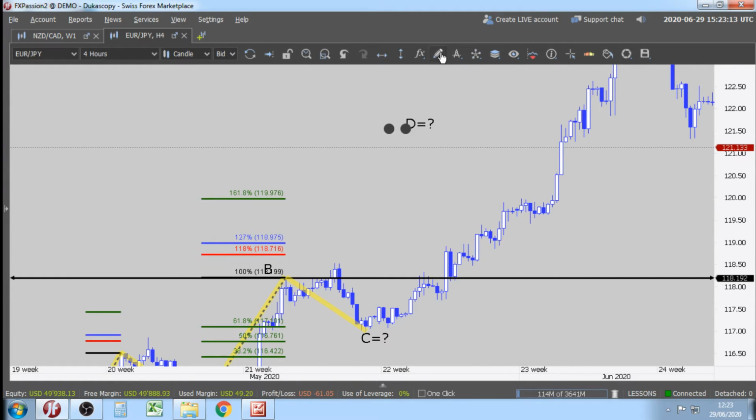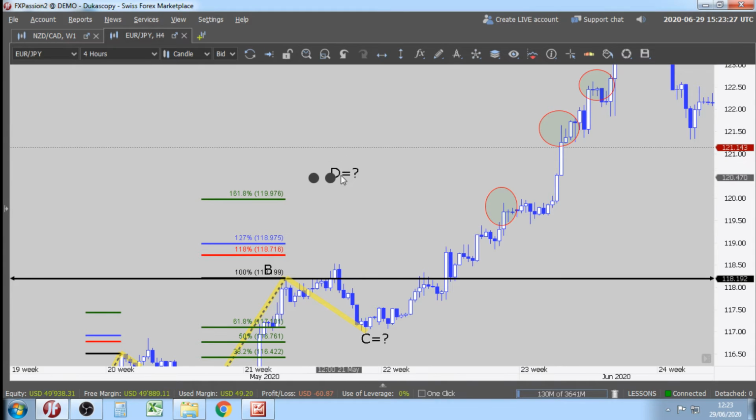Green goes to green, so is this the D? Or is circle number 2 or circle number 3, everyone? Which one is the D? Green goes to green. Which circle is the D extension?